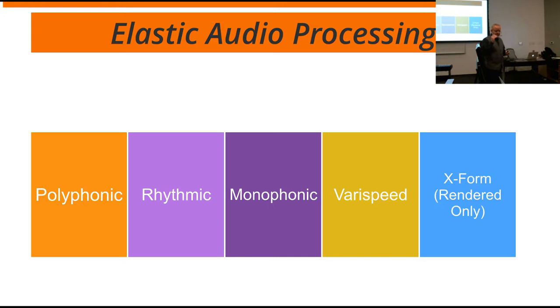So, logically, I think that whenever I use these modes, when I'm done and I have what I want, I should change to X-Form to get the highest quality possible. And that's what I do. When I use elastic audio, once I feel everything is good, I switch to X-Form, and it serves several purposes. One, it gives me the higher quality.